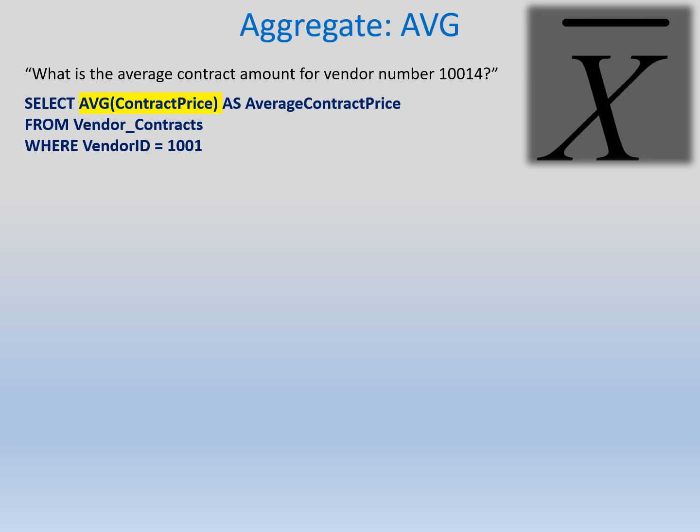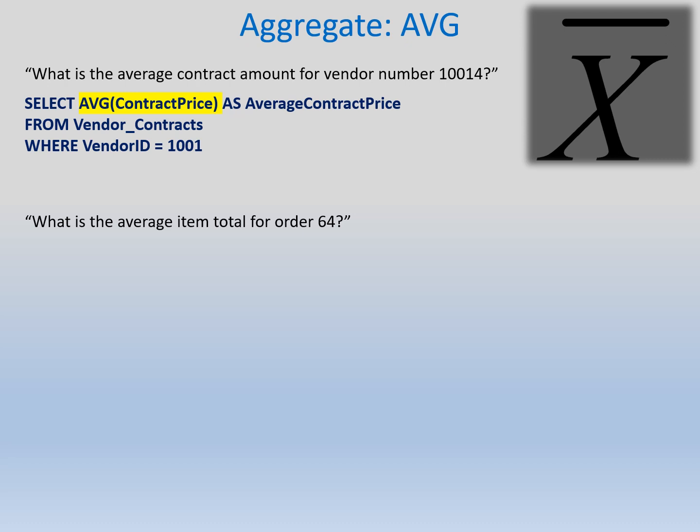So here we have select average contract price, and we have the where clause that contains vendor ID equal to 10014.